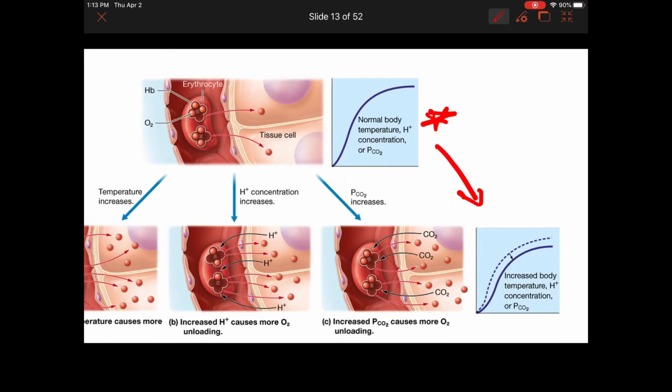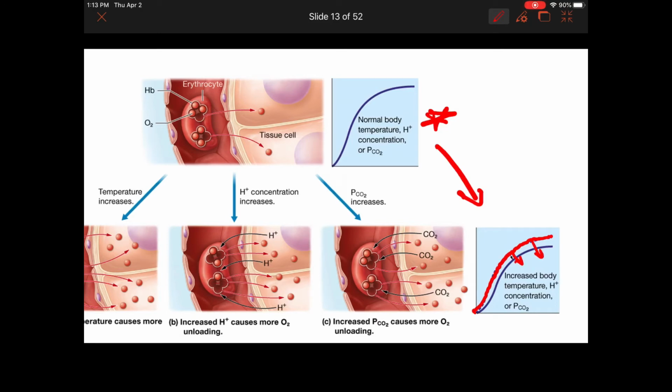And that changes the curve. What happens is that the curve shifts down and to the right. We started out here with the dashed line, which was our original curve.